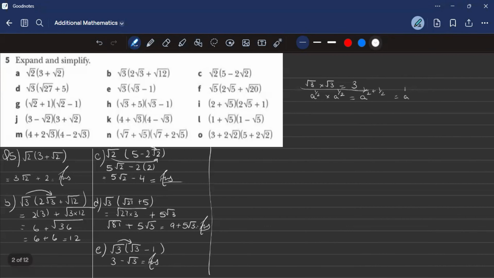Now let me just straighten the line here. Okay. For part F, we have √5 multiplied by (2√5 + √20). Now, this is where things go towards multiplication. Not much of a big deal.